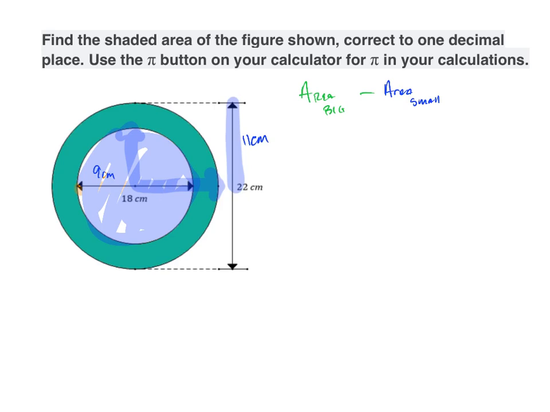So again, if we're doing the area of the big circle, then the big circle is going to have a radius of 11 centimeters.